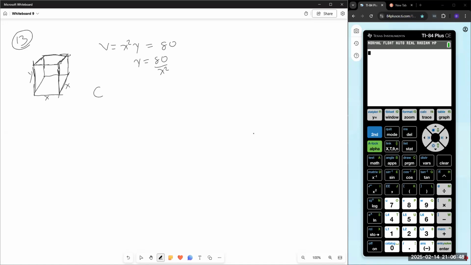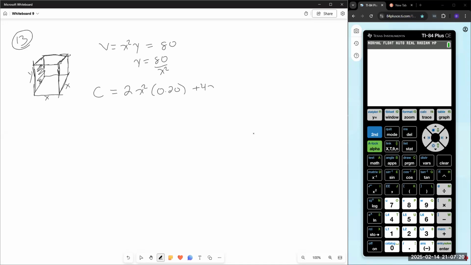My cost is that I have 2 of my bases that are x by x, and the price per square centimeter of those is 20 cents. And I have 4 of my sides that are x by y, this kind of a side right here.